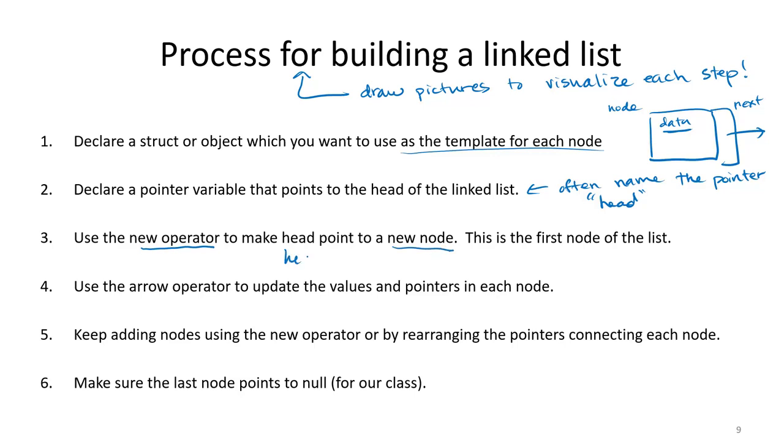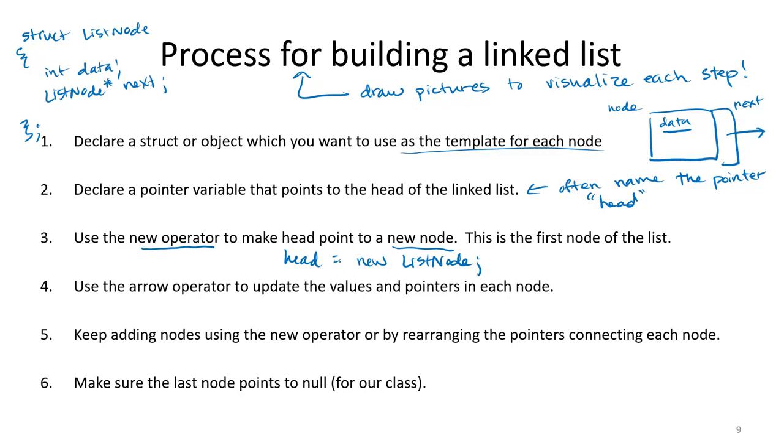For example, we can write the code head equals new list node. If we had declared that list node struct on our previous slide, with an int data and a list node type pointer next.